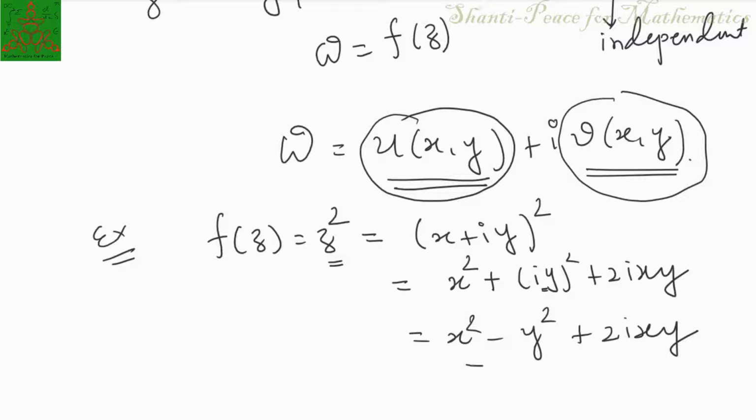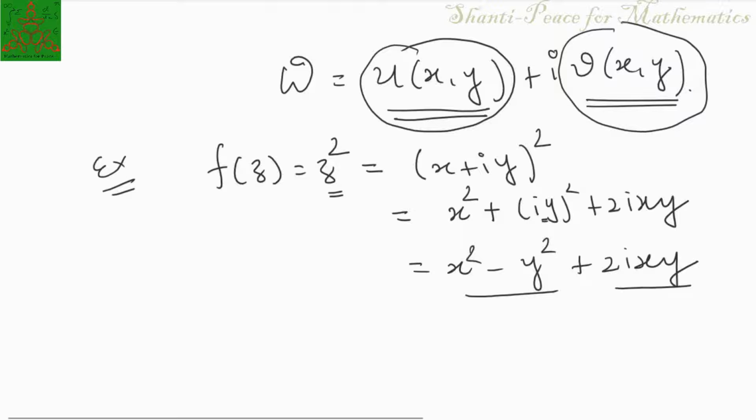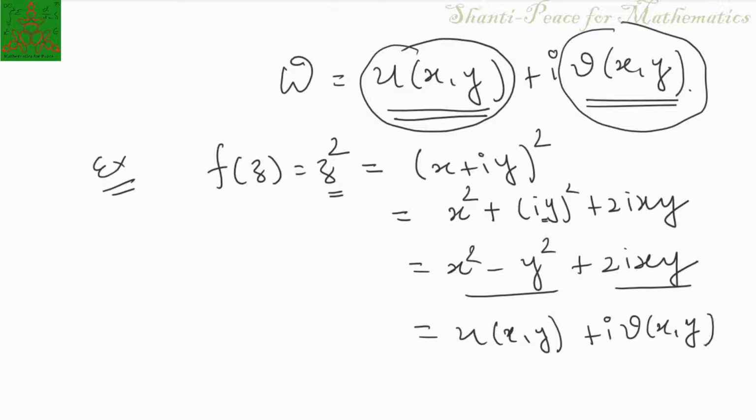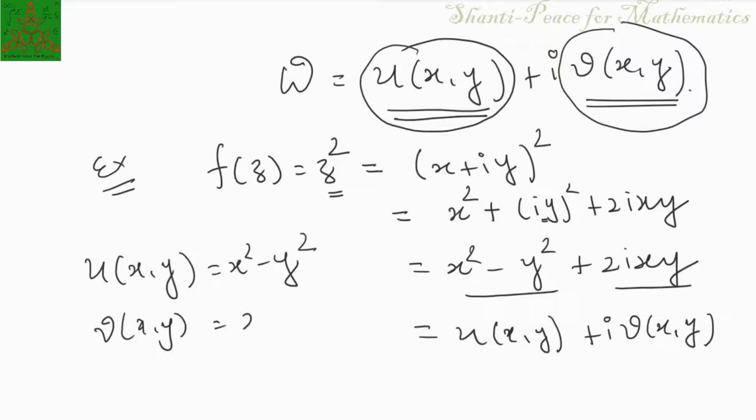So the real part of this quantity is x squared minus y squared, and the imaginary part is 2xy. Comparing with u of x, y plus i v of x, y, we have u of x, y equal to x squared minus y squared, the real part, and v of x, y equal to 2xy, the imaginary part of the function w equal to z squared.